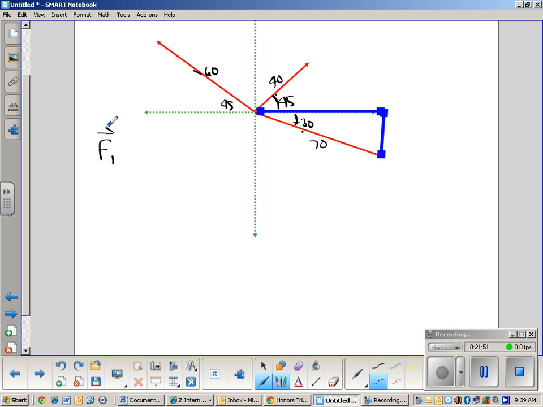We'll still call it a vector, but we'll use F for force. That's the first force being applied to our situation. And so its components are, well, if this is y, this is x, right? How do I find the x component?